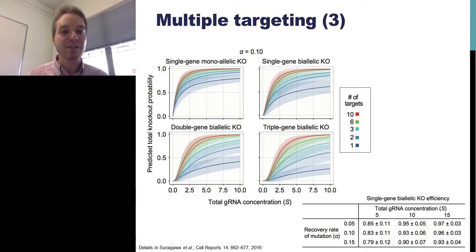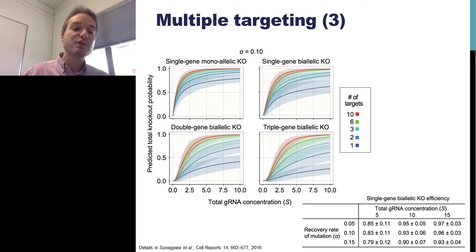And so the interesting thing is that we get results like this, where for a fixed guide RNA concentration, the more guides you use, the more efficient the knockout is likely to be. Of course, you have diminishing returns. So if you use 2 guides instead of 1, you get a big jump in the efficiency.